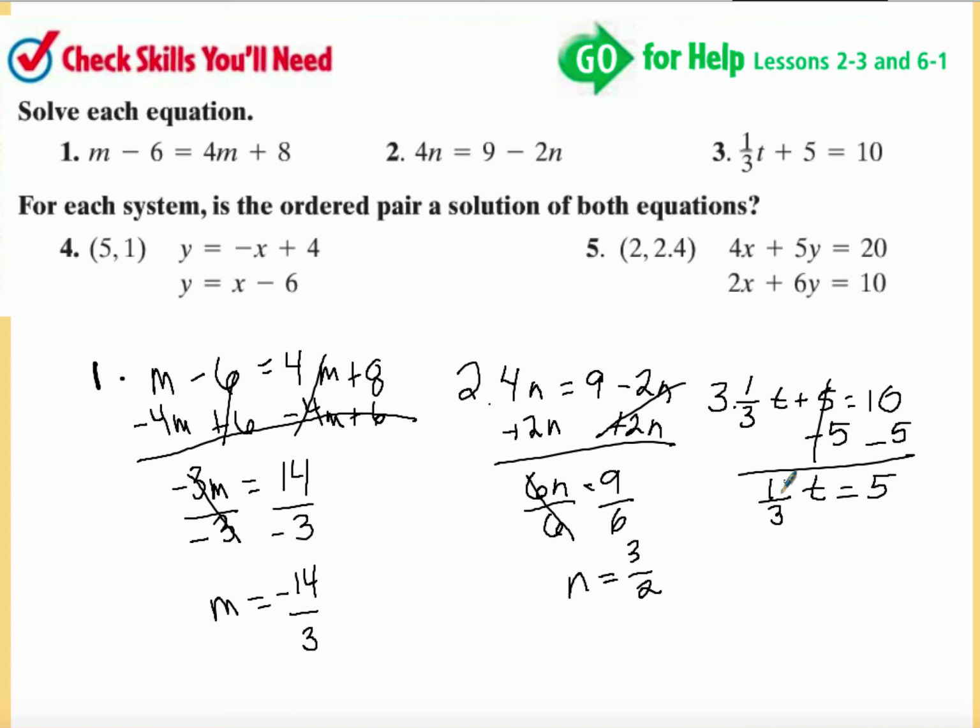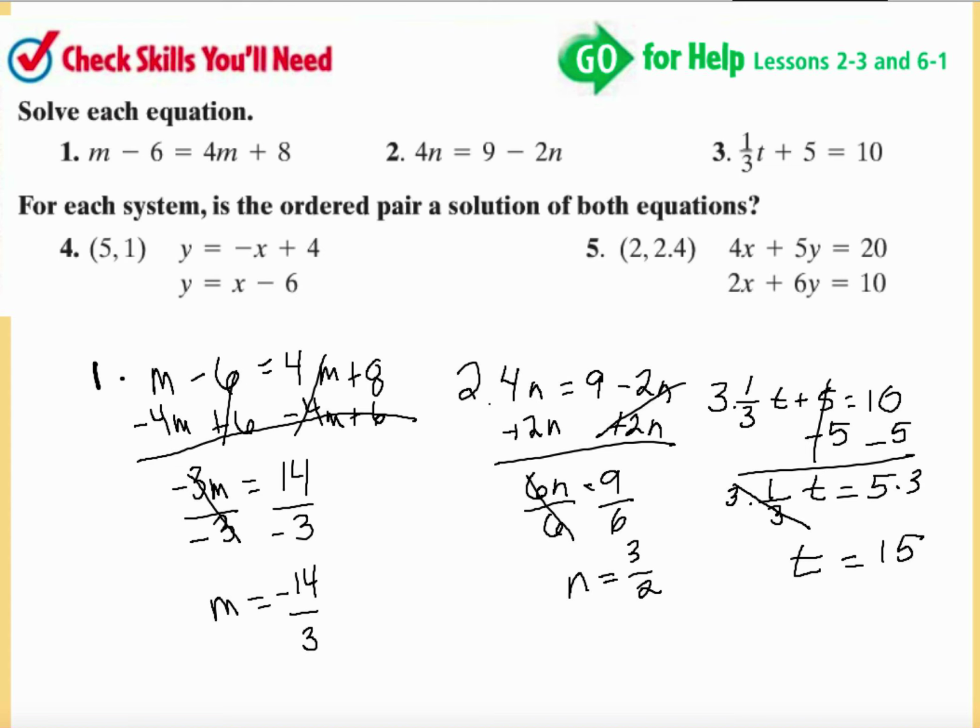Since t is getting multiplied by a fraction, I can either multiply by the reciprocal or I can just multiply both sides by the denominator. That's the strategy I'm going to use. If I multiply both sides by 3, 3 divided by 3 is 1, so I've got 1t, or just t, is equal to 5 times 3, which is 15.